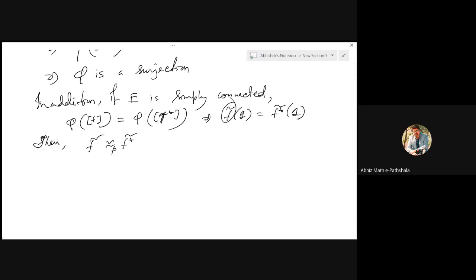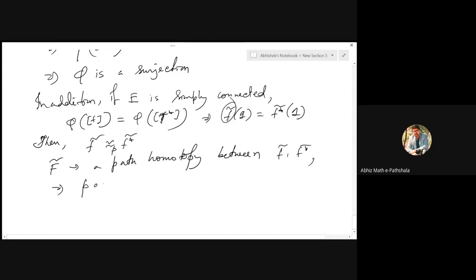If you denote the path homotopy between f tilde and f star tilde as F tilde, then you can conclude that if you compose this F tilde with p, this is a path homotopy between f and f star.